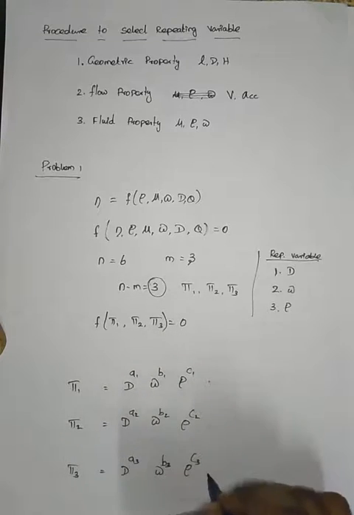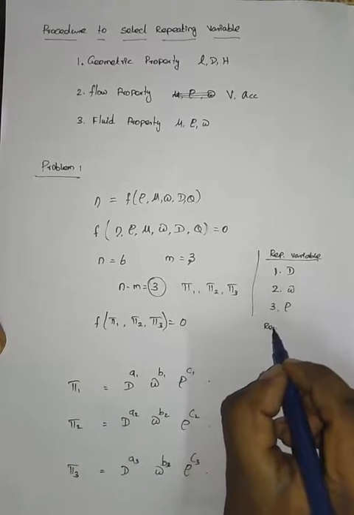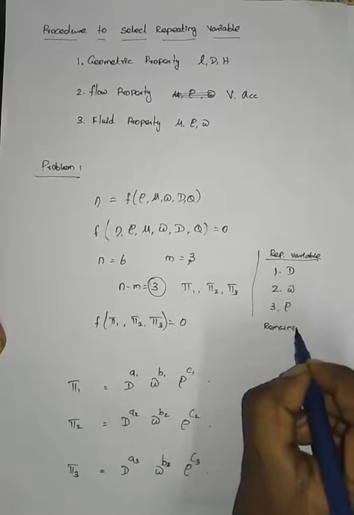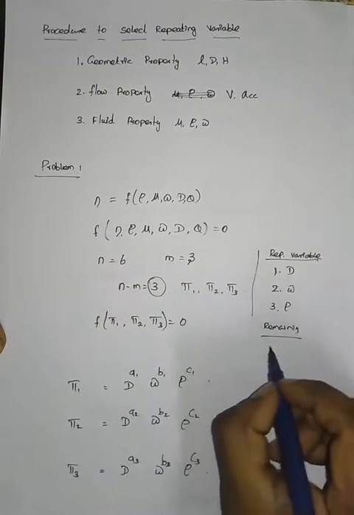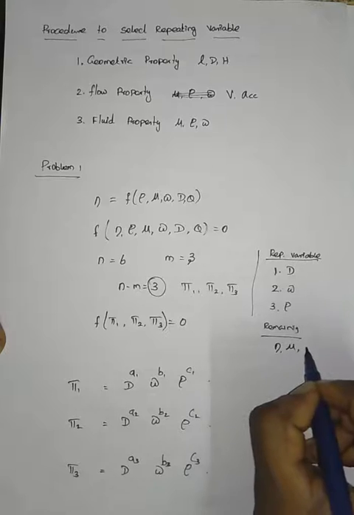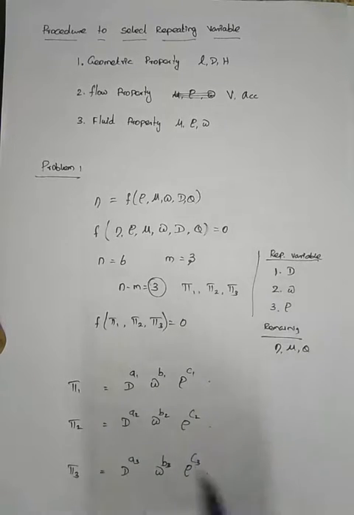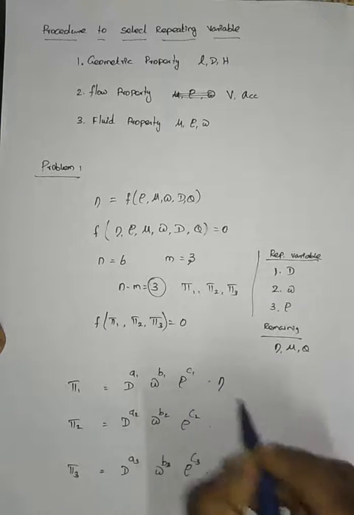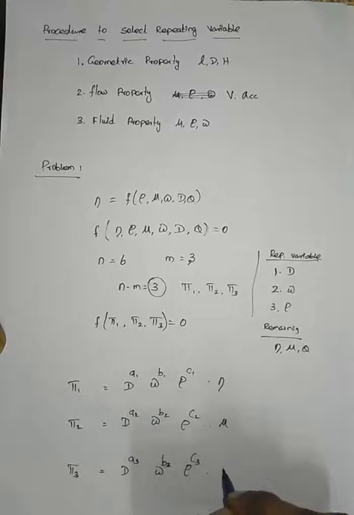Then the remaining variables are eta, mu, discharge. So you just put them here: eta, mu, discharge. This is how you have to write the pi terms. Once you write these pi terms, it will be very similar to the Rayleigh method.